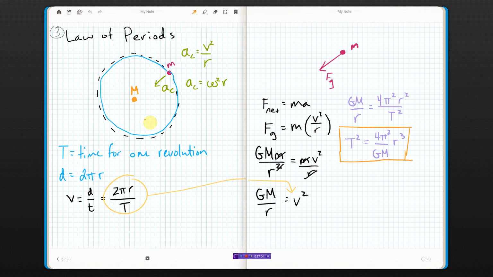That can come in handy, because you can use this backwards. You could measure the period it takes for something to go around the sun and measure how far away it is, all doable with telescopes and a timer, and you could solve for the mass of the thing in the middle. That's in fact how we know the mass of the sun.